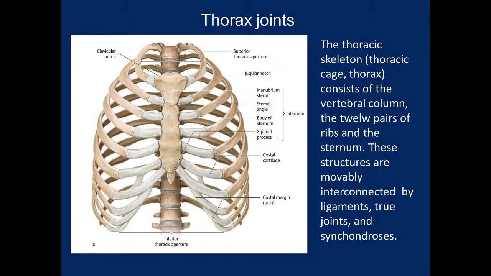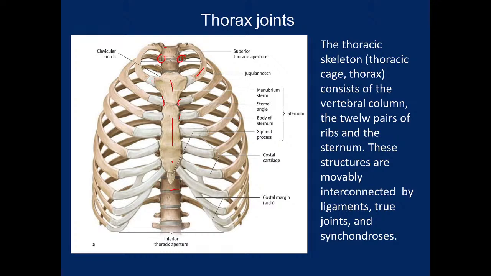Thorax joints form the thorax, and it consists of the ribs, the sternum, and 12 thoracic vertebrae. Between them are the joints, like between the ribs and the body of the vertebra, we find the joints of the head of the rib, and also we have joints between the cartilaginous parts of the ribs, and these are flat joints.